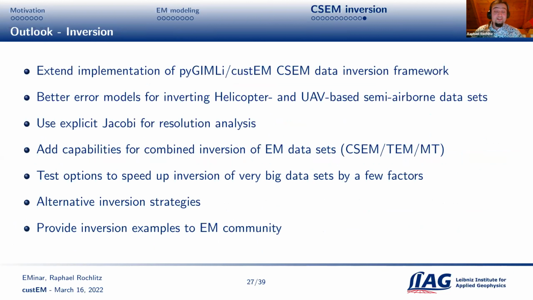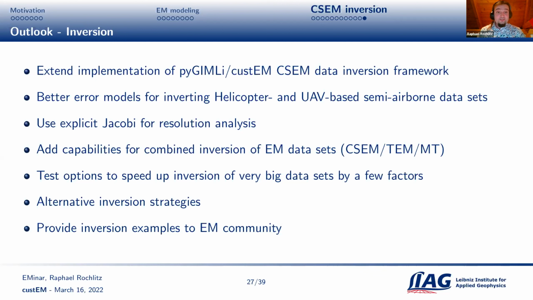To sum up, we want to continue our implementation of an inversion framework. We need to work on better error models for our inversions and for our semi-airborne data sets. We want to use the explicit Jacobians, because we have them, for resolution analysis, and also capabilities for combined inversion of EM data sets, for instance combined MT and CSEM.